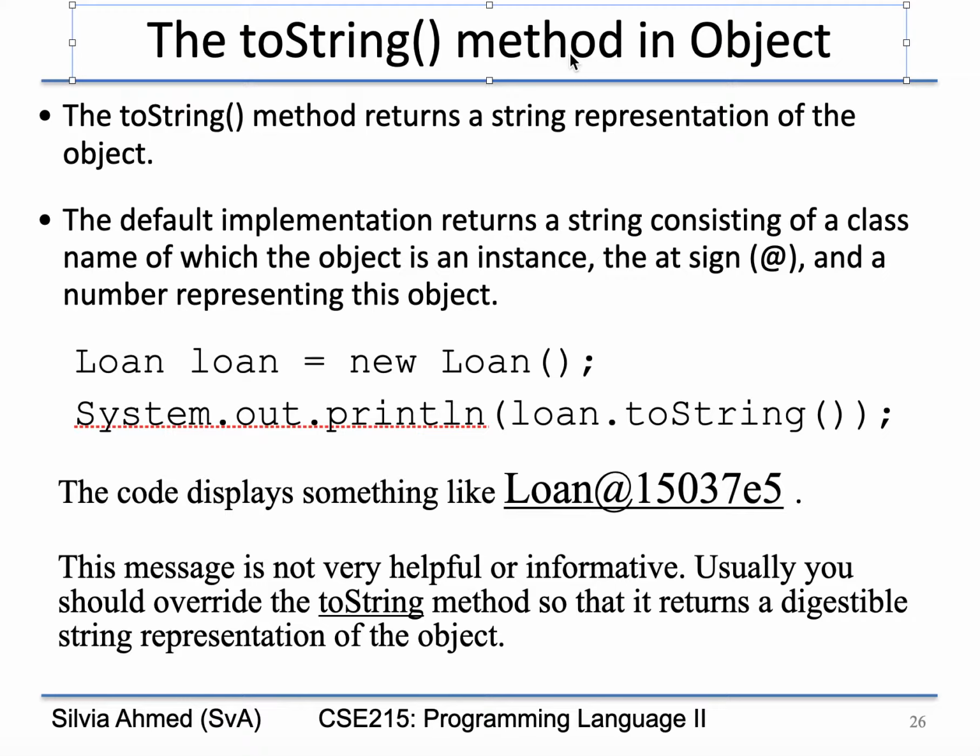So a user of a class anytime can call this toString method and know about the current status of its object. Status means whatever the current values of all its data fields are. So this is the original intention of the toString method.